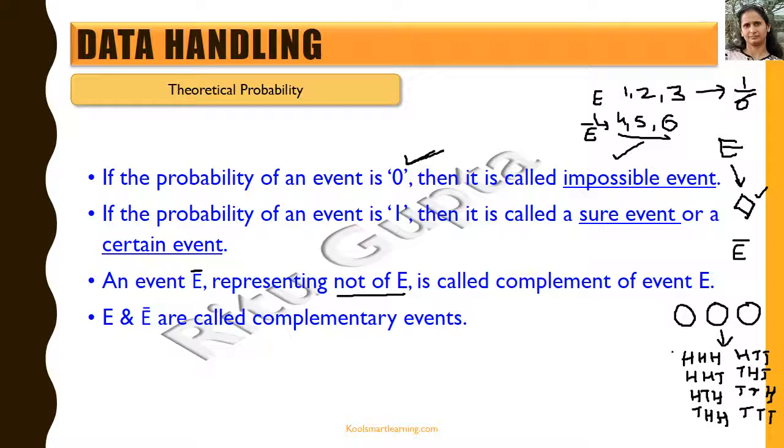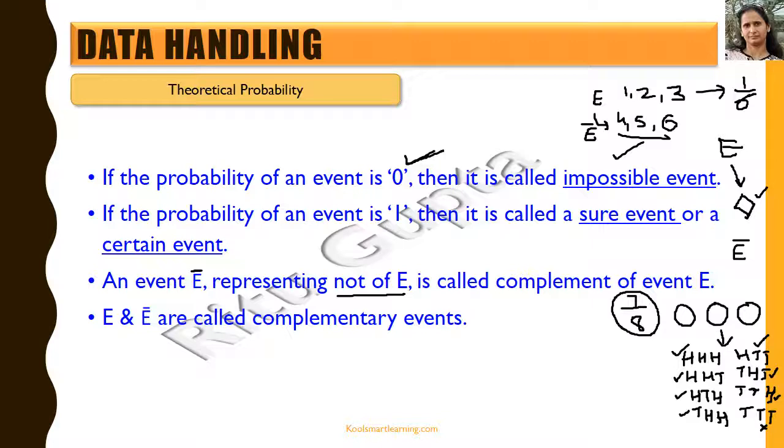So now if we count these events, this has at least one head, this has, this has, this has, this has, this has, this also has, this does not have. So we can say out of a total events of 8, 7 are which make up the event. 7 outcomes are such that where we have at least one head.